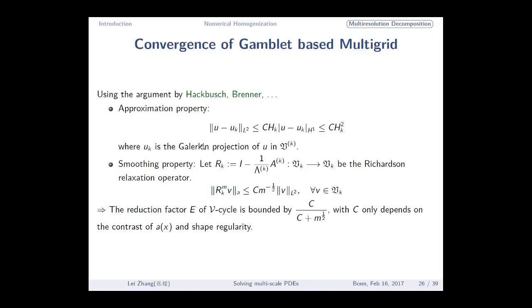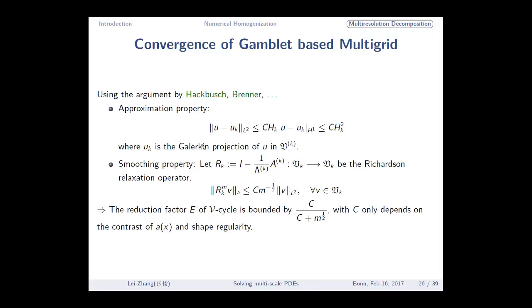The approximation property is something like this, which we already have. And we want to prove the smoothing property, which is something like this. You have the Aubin-Nitsche argument and the L2 estimate, so from this L2 estimate you can get the H1 error, and it's not very hard to show that the reduction factor is controlled by this.